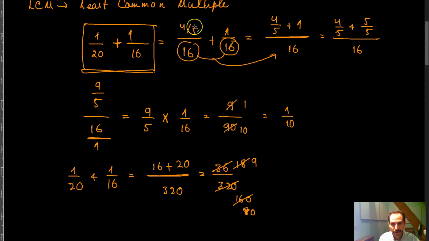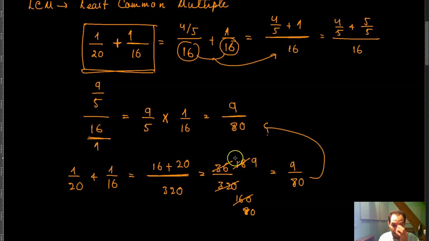The problem is here. I made a mistake in calculation here. So 9 times 1 is equal to 9, and 5 times 16 is equal to 80. 9/80. So this is the same thing as 9/80, the same number, right?